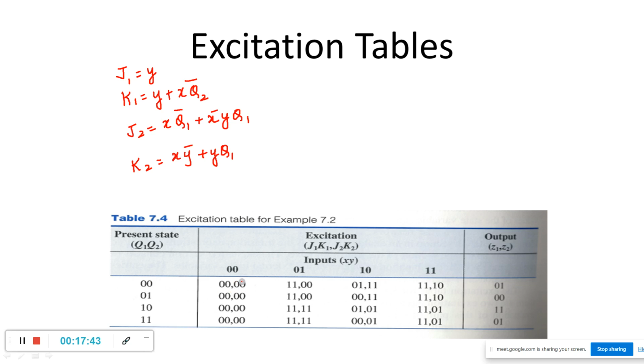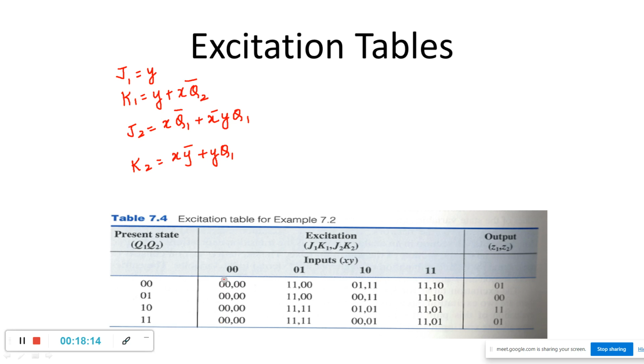Next, K2. K2 is equal to X is 0, Y is 0, plus Y is 0 again, Q1 is 0. So substitute the K2 value, then write it. So just what you have to do, use these J1, K1, J2, K2 expressions, change the input values X, Y, and then change the values Q1, Q2, substitute these X, Y and Q1, Q2 values inside these excitation expressions, and then get the value.